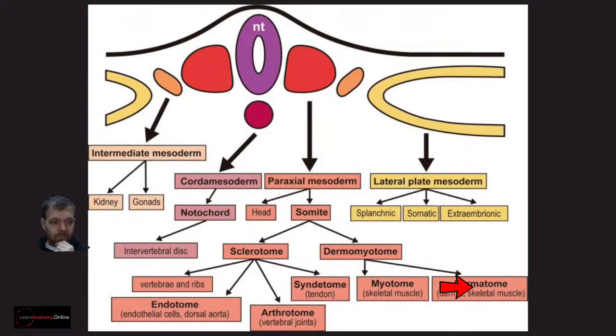So I'll give you an example in the upper body, in terms of skeletal muscle. There is a condition, this is the one that I studied when I did my clinical anatomy, called Poland syndrome. There's a specific point in embryology where the pectoralis major or minor muscle doesn't develop. It just skips that step. But the rest of the arm is fine. It's just that specific bit that doesn't develop.